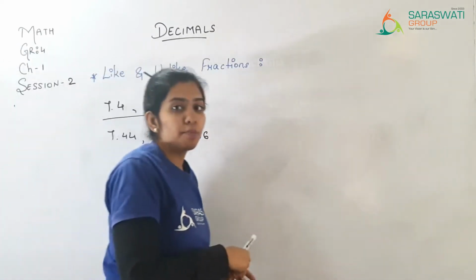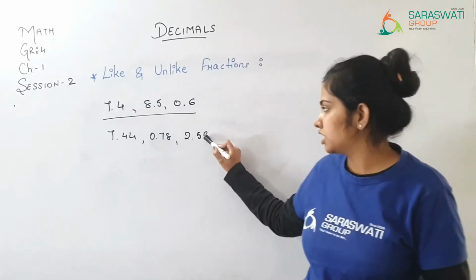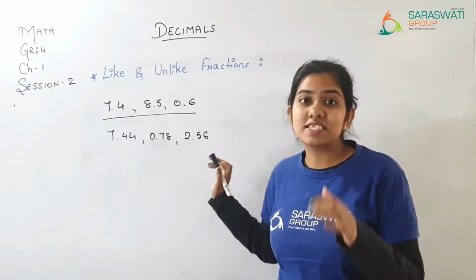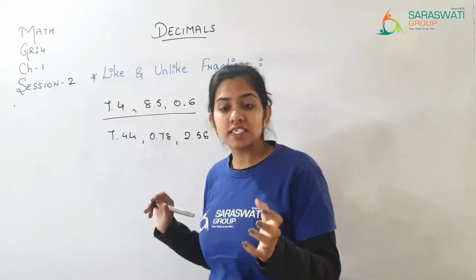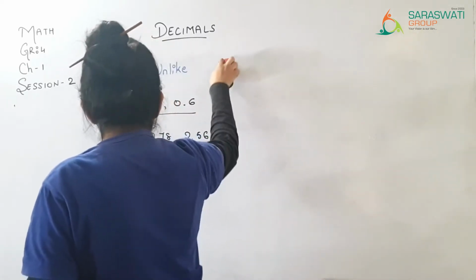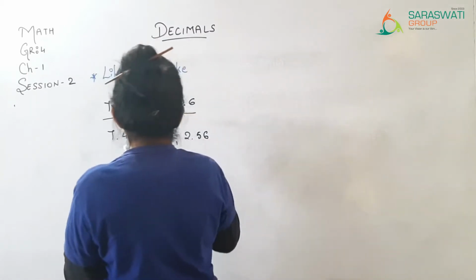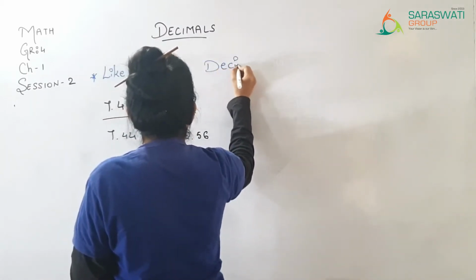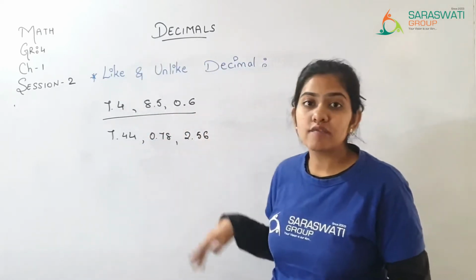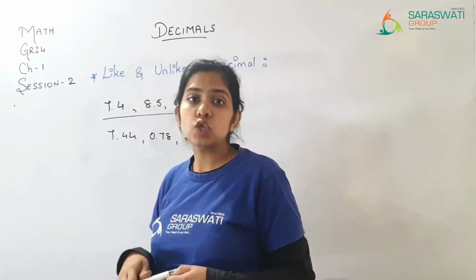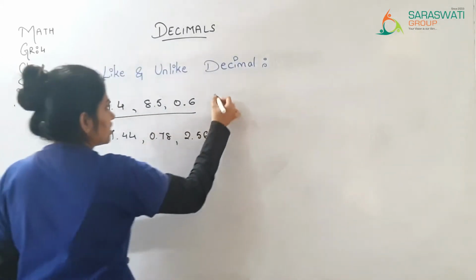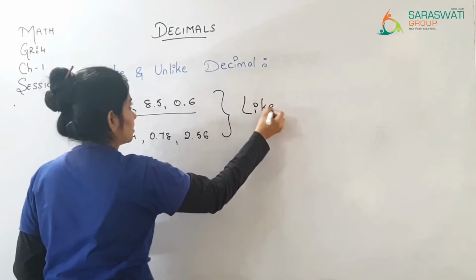So after the decimal point, if you have an equal number of digits, then such kind of decimal is known as like decimal. Such kind of decimal, sorry, I have written fraction over here, it will be a decimal. Then after the point, if you have an equal number of digits, it is known as like decimals. These are the like decimals, right?